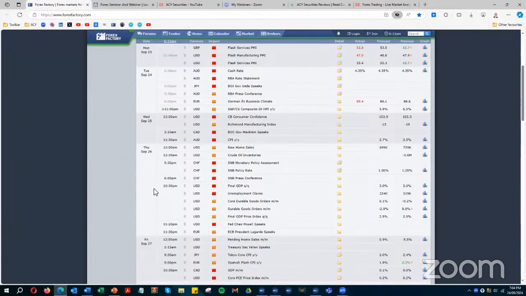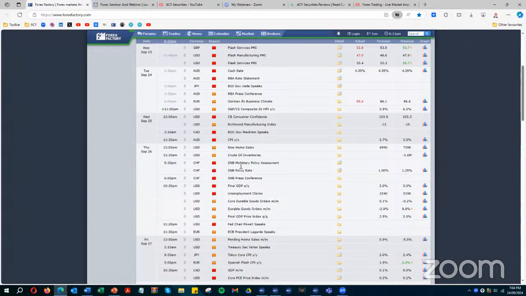Maybe an earlier one than expected. Expecting no interest rate cuts at the moment in Australia this year, so the RBA says. But if this figure comes in much better, I'm sure there's going to be lots of talking it up. All right, so watch the Aussie pairs at 11:30 in the morning, 5:30 p.m. tomorrow, sorry, into Thursday.